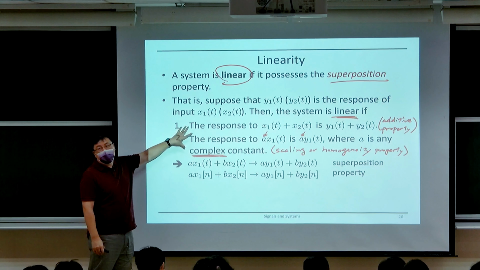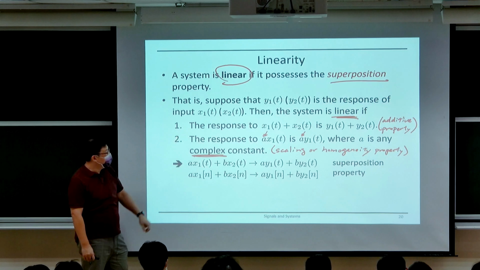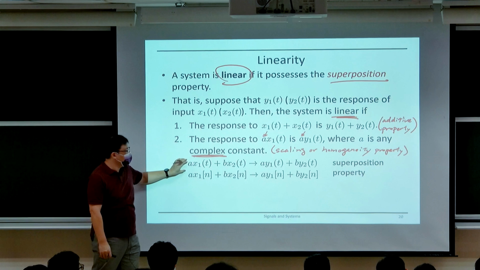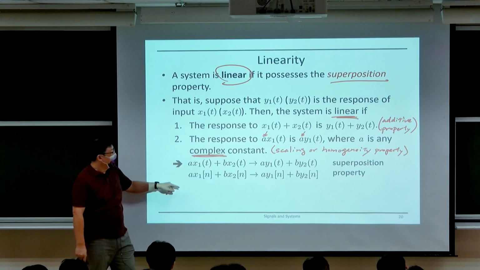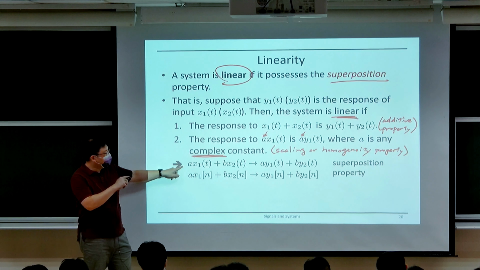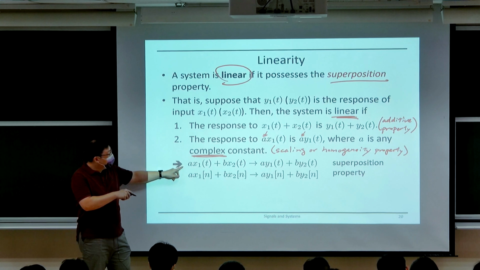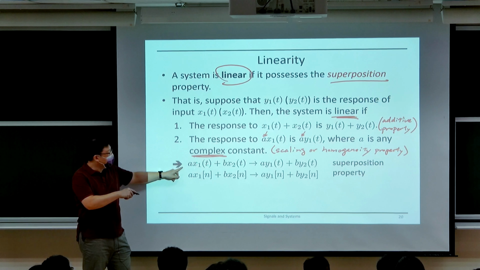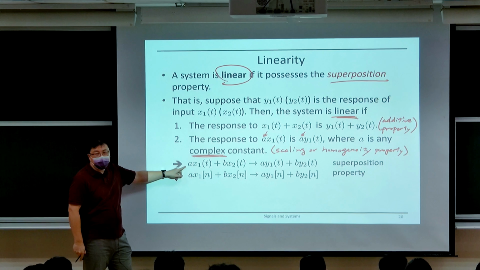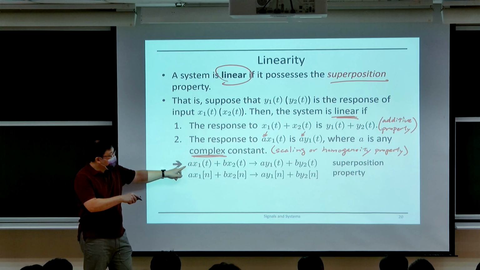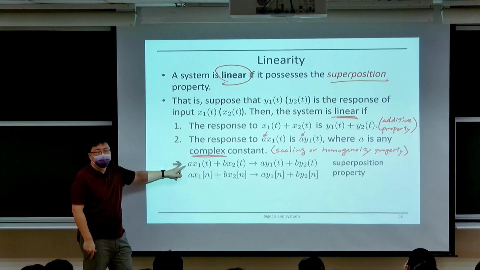Now, you can combine these two conditions and write it more concisely. What this is saying is that if you have a superposition of signals x1 and x2 scaled by a and b respectively, then the output will be the superposition of their corresponding outputs scaled by the same values a and b.